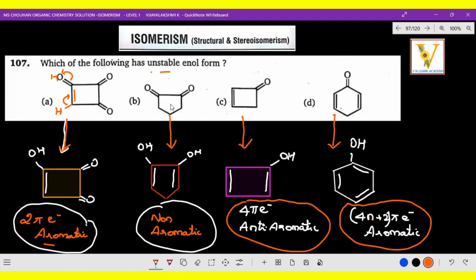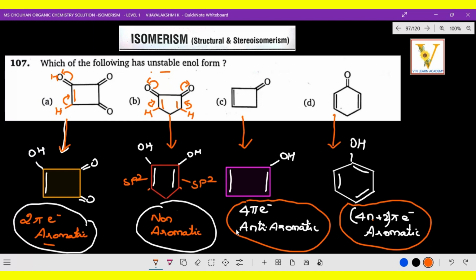Now here in this one, alpha hydrogen is available on both sides. So transfer of electrons takes place and resonating structure forms. So you will get double bonds on both sides. Both sides double bond means sp2 hybridization at this point, this point also sp2, this corner, right?